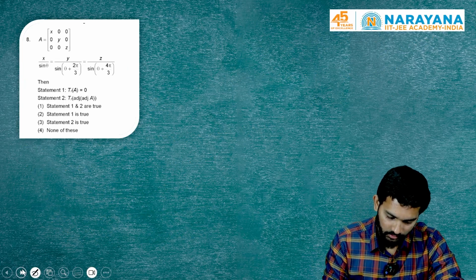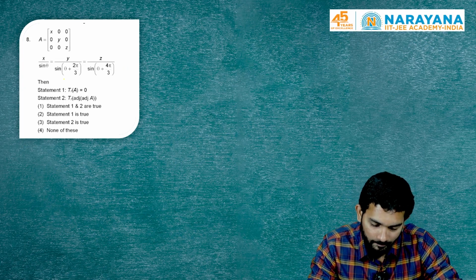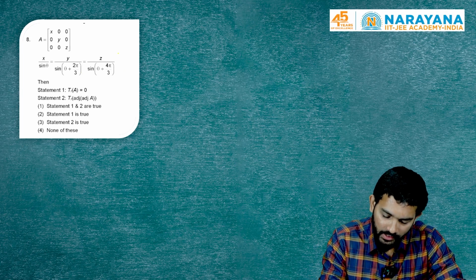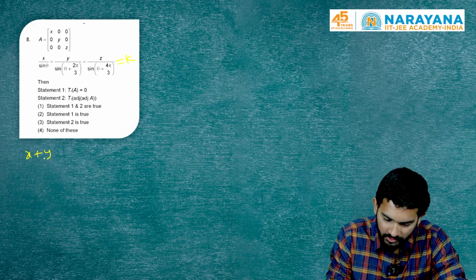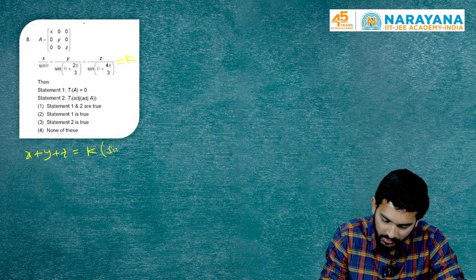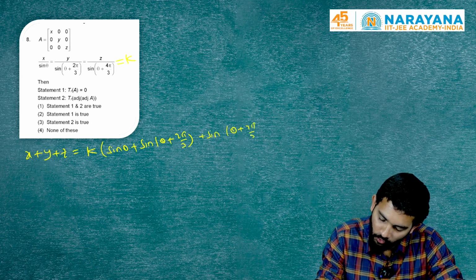Let's go to the next question. So a matrix is given and a trigonometric equation is given. He's asking trace. So if I take this entire thing equal to k, I'll get x plus y plus z is equal to k times of sine theta plus sine theta plus 2 pi by 3 plus sine theta plus 4 pi by 3.